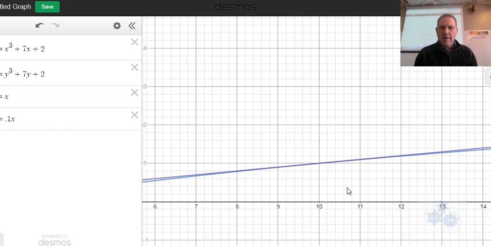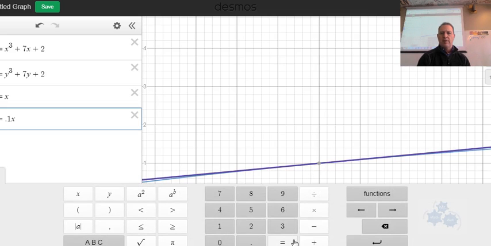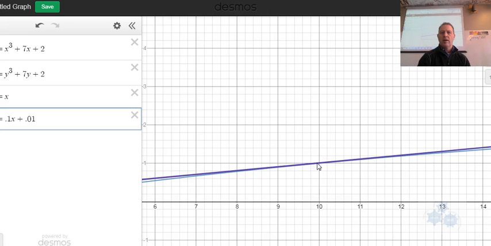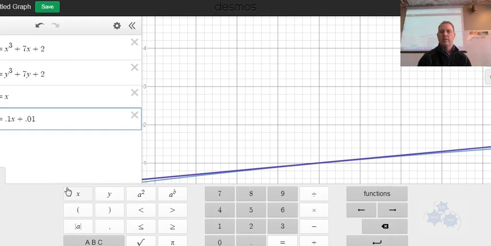Okay, that's a little bit better. You kind of see how this is looking like a tangent line. Do I have to move that up a bit? Plus 0.01. Oh, there's no intersection point there now.